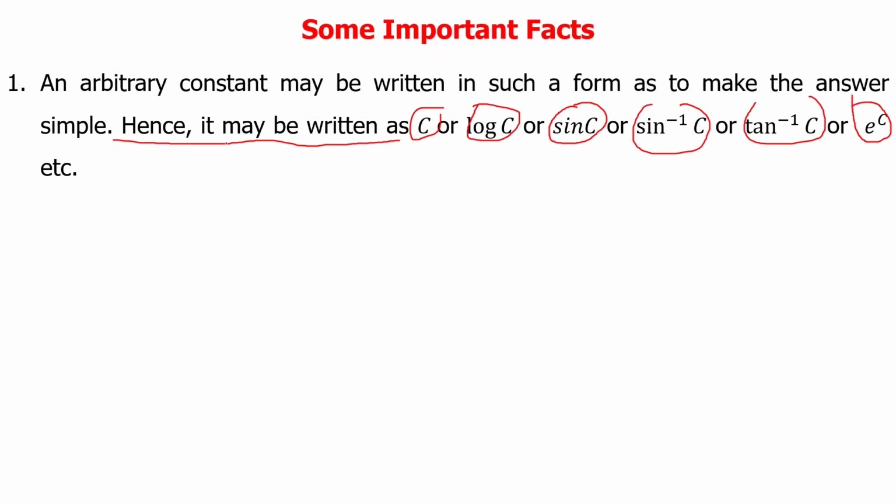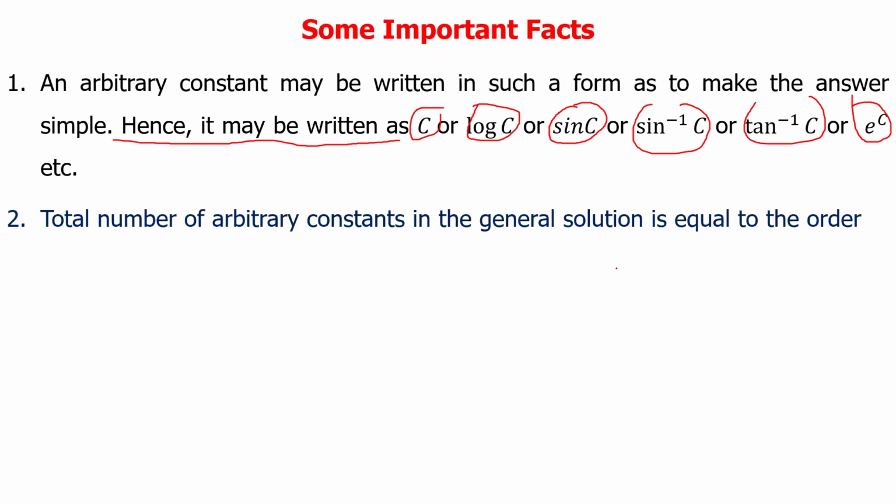So the arbitrary constant can be written in this form so that we can simplify our answer according to the given question. Second, the total number of arbitrary constants in the general solution is equal to the order of the equation. So these are two very important facts which are useful in differential equations.